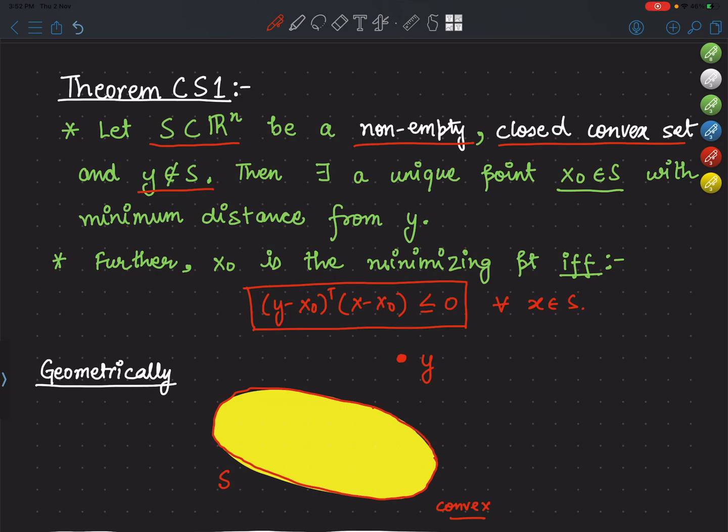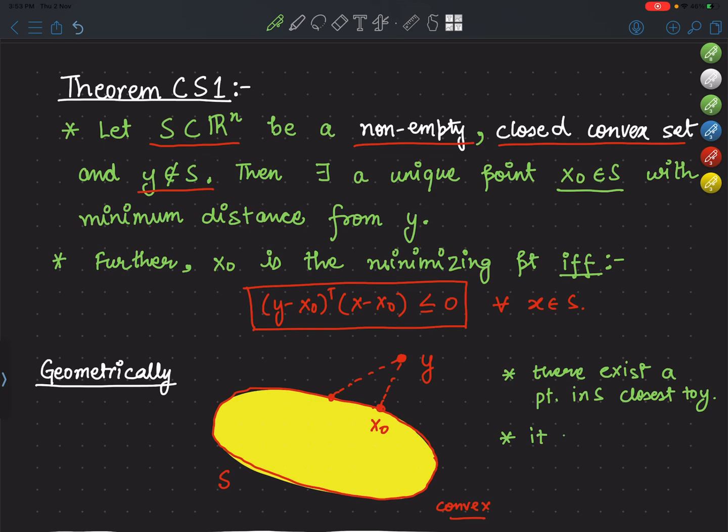Now the theorem says that out of all the points from the set, there exists a unique point x0 which is closest to y. So the theorem says there exists a point in S closest to y.